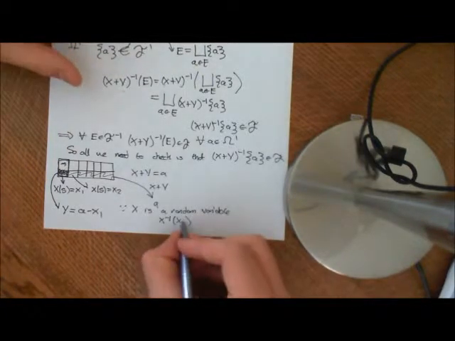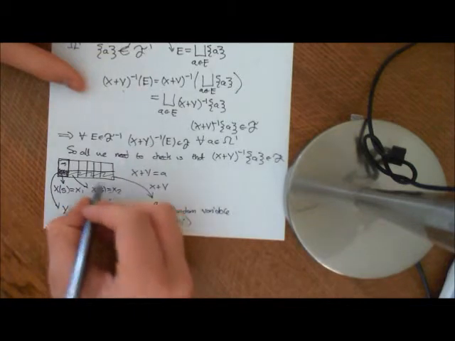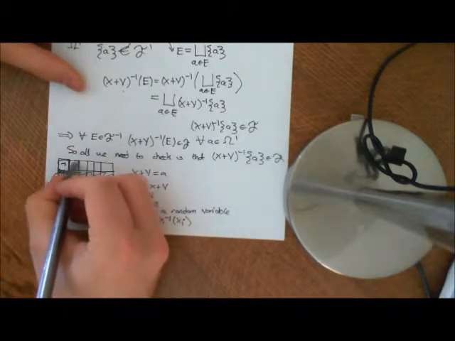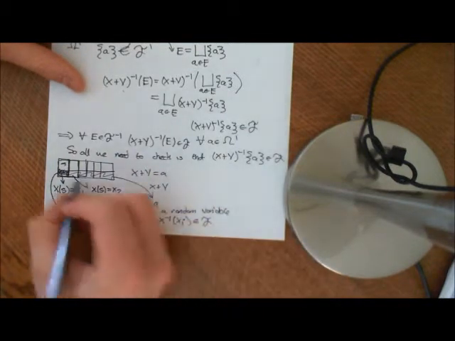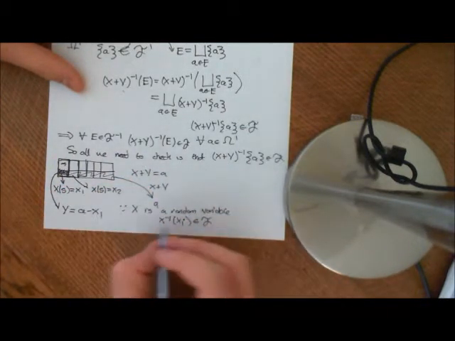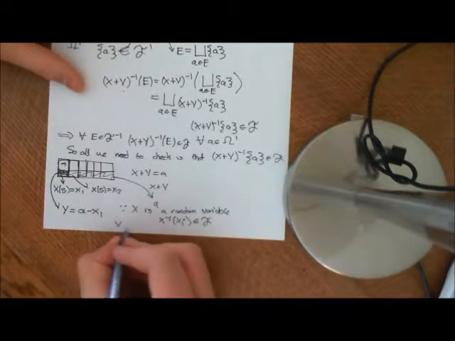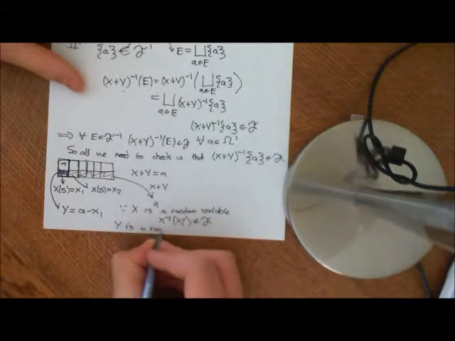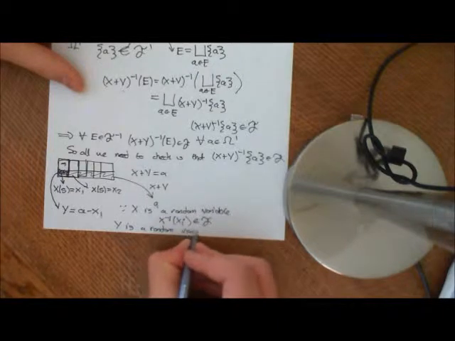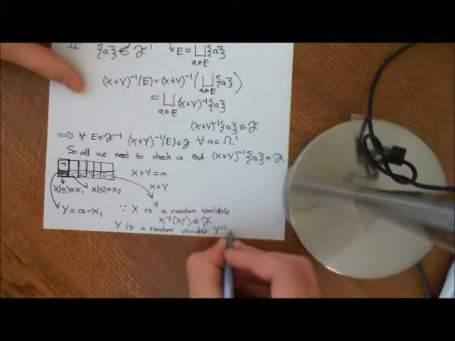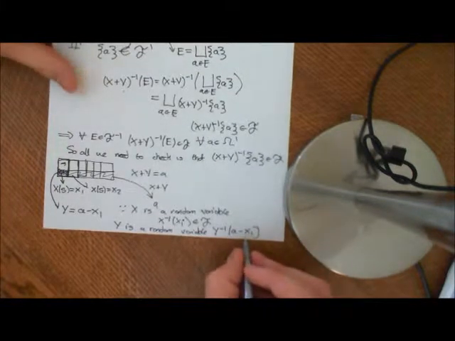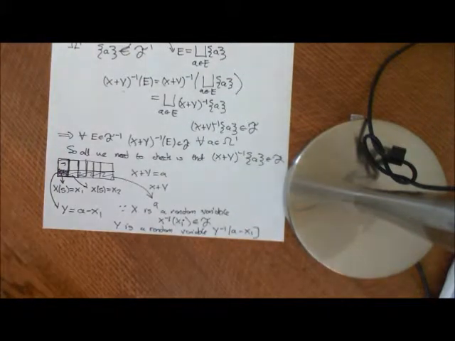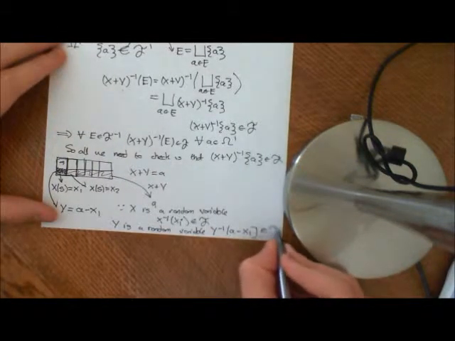And in fact, we could index these as xi: all of these sets that I've partitioned the sample space up with are elements of the set of events, so they are all events. In addition, because y is a random variable, y inverse of a minus x1, the set of all points which are mapped onto a minus x1 by the random variable y, is also an element of f.